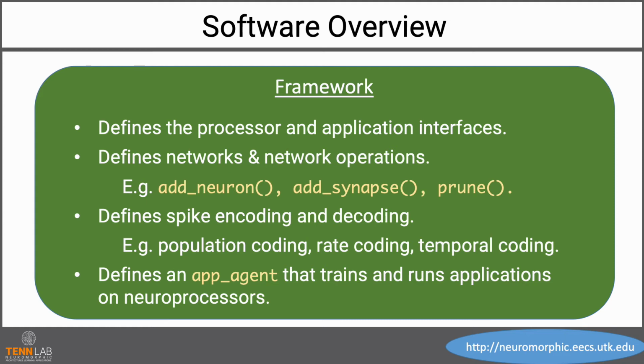So, for example, spiking neural networks have their own definition and then their own operations where you can construct them, modify them, prune them, and get information about them. It also defines encodings to spikes and from spikes, and there is support for changing these at runtime, and they implement many popular encoding schemes such as population coding, rate coding, temporal coding, etc.